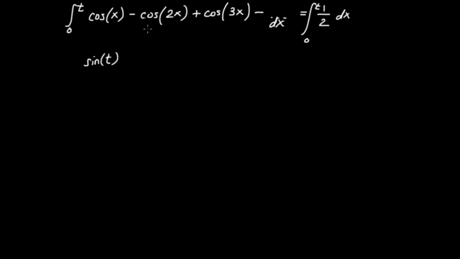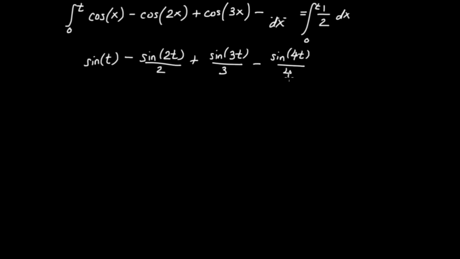Then for the second term, I'm going to get something very similar. If you do all the calculation, it's going to be sine 2t over 2 plus sine of 3t divided by 3. The next term, predictably, would be sine 4t over 4, and so on, is equal to the integral of the right-hand side, which is an easy integral.